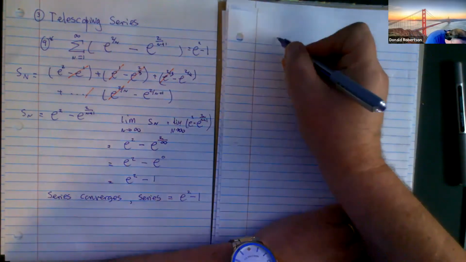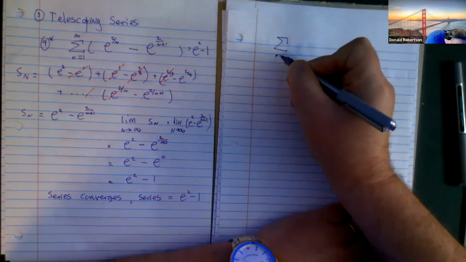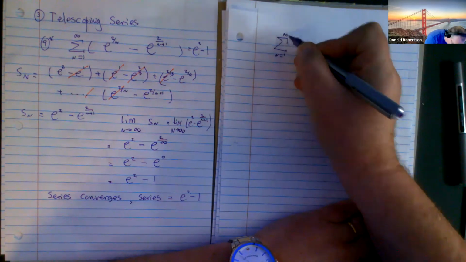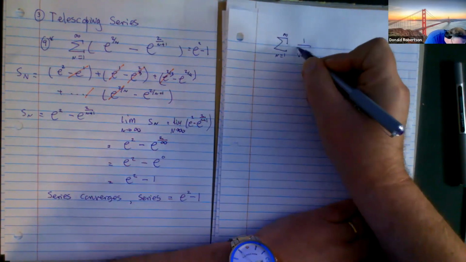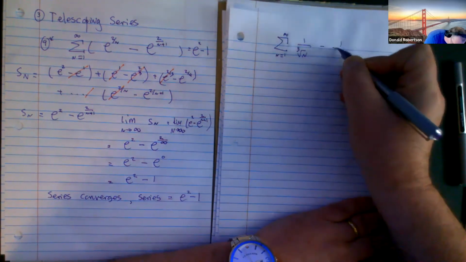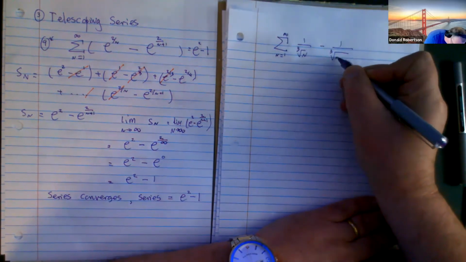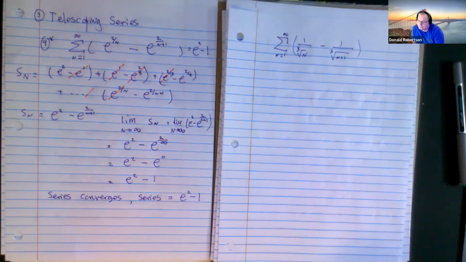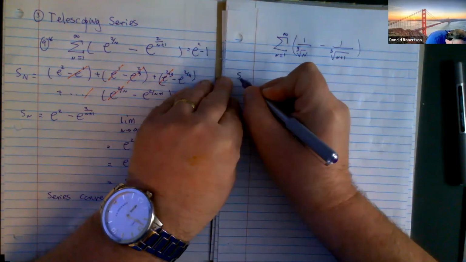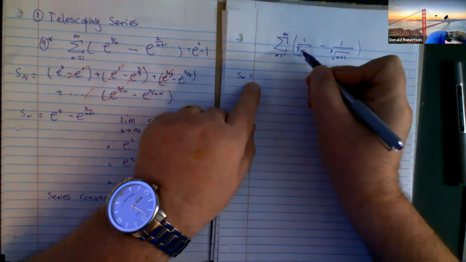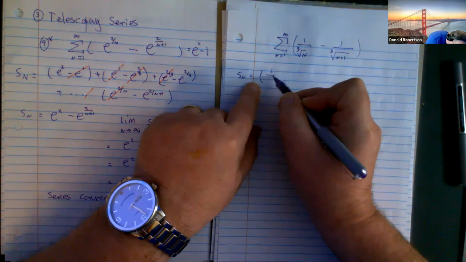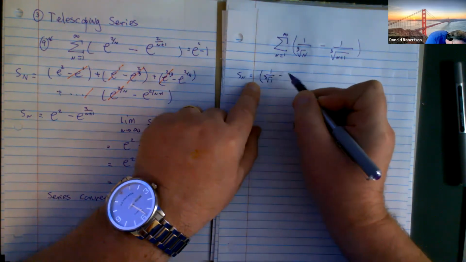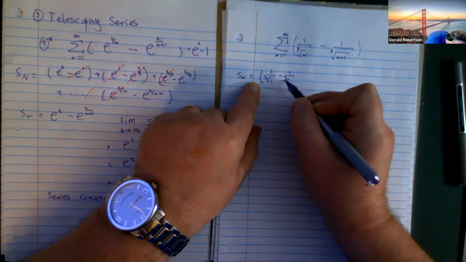Here's one. The sum from n equals 1 to infinity of 1 over the cube root of n, take away 1 over the cube root of n plus 1. Okay. I'm going to plug in 1, and you get 1 over the cube root of 1, take away 1 over the cube root of 2.